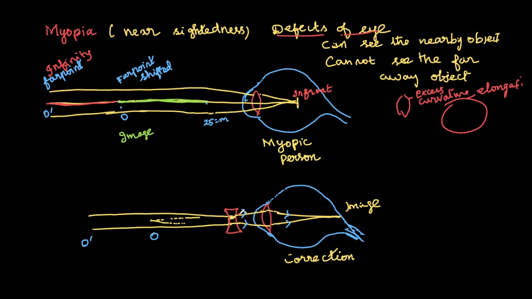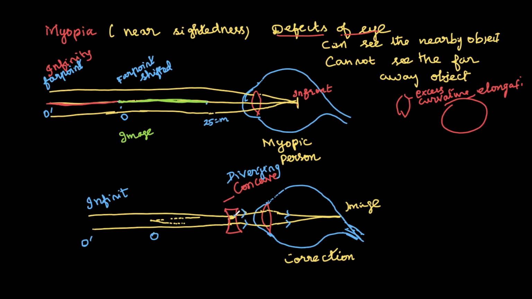So how can you correct this? By using a concave lens. A concave lens is a diverging lens. Whenever the object is at infinity, when we use the concave lens, it diverges the light.